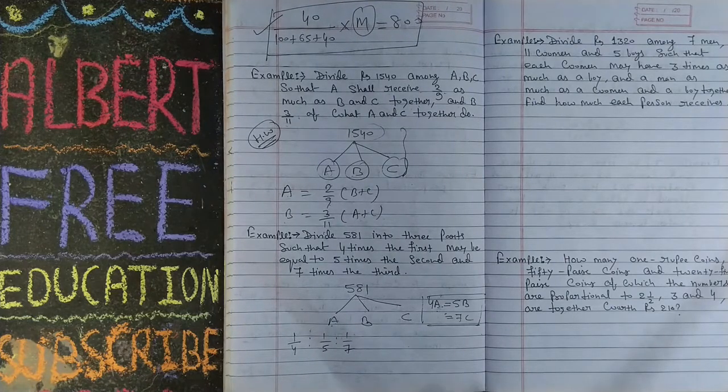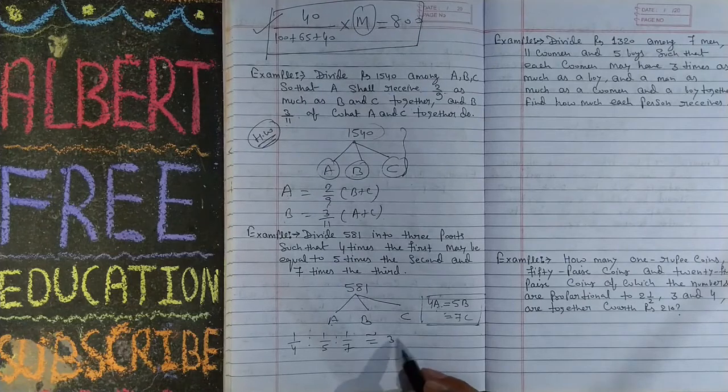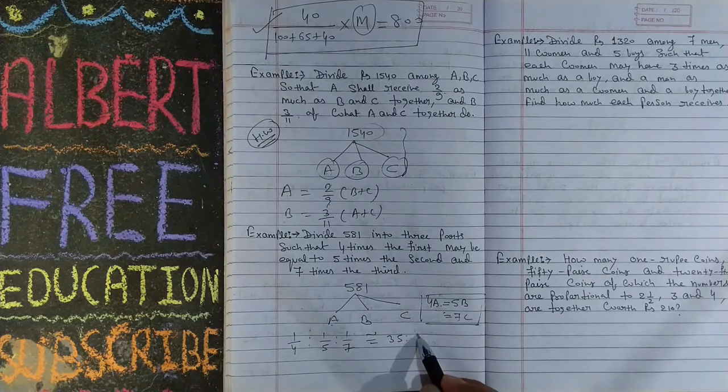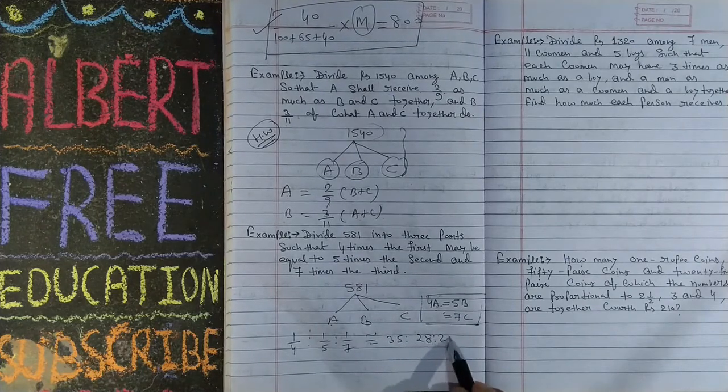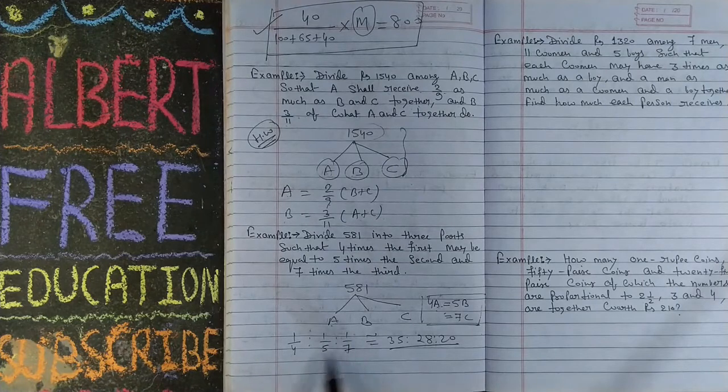This ratio will come like this, and you will find the LCM. Then it is similar to 35 ratio 28 ratio 20. You have to find the LCM, then multiply here, here and here, then you will get 35, 28 and 20.